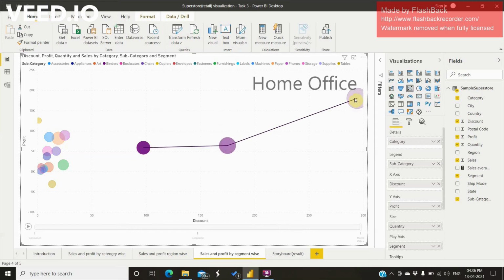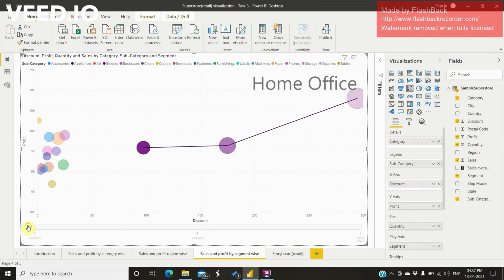By decreasing the discount, we can sell in corporate also. We can increase the discount, and we can sell on the consumer side also.